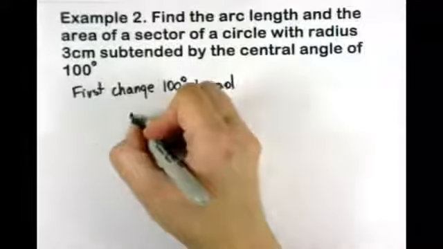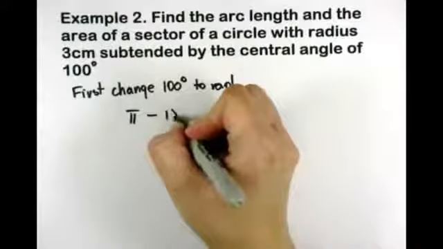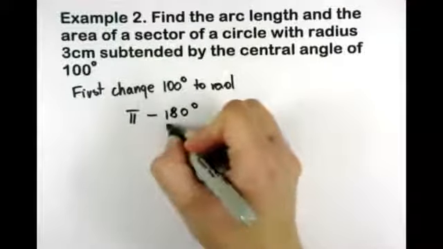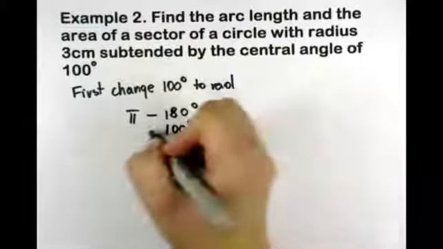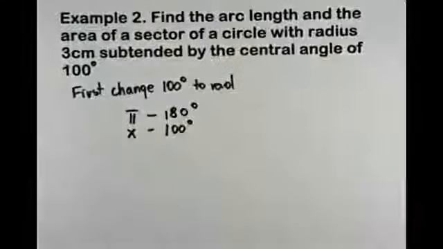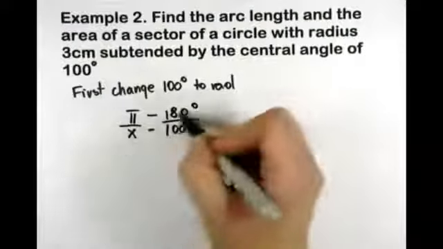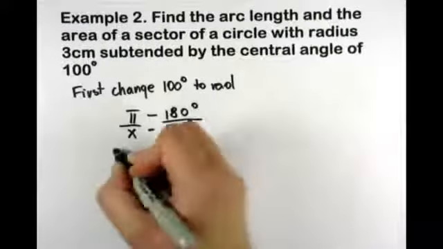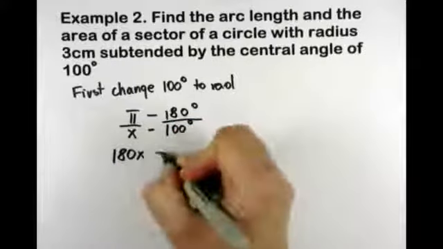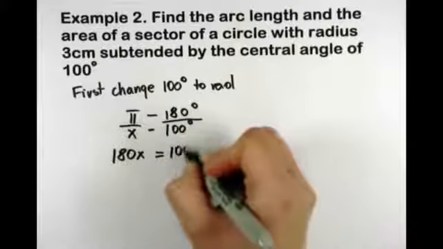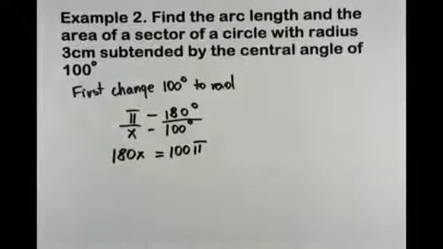So we are using that pi is 180 degrees. Now I have 100 degrees, I don't know what it is. So this is my proportion. We can cross multiply. x times 180 is 180x is equal to 100 pi. Divide by 180.